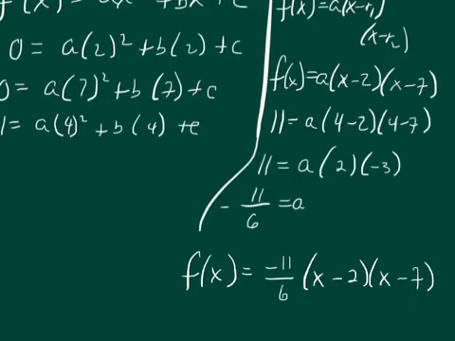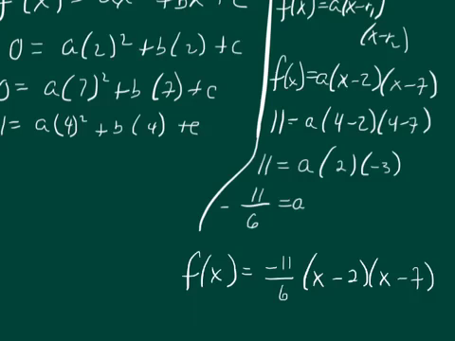But here, we've got the roots 2 and 7, and we've got a third point, which is (4, 11). Based on that third point, when we plug it in right here, that allows us to solve for A. So this is A. A is not going to change. Okay?